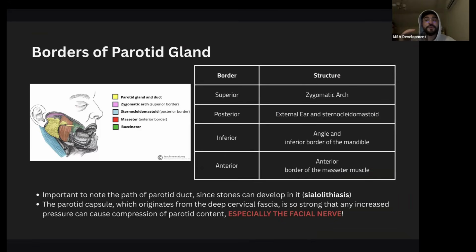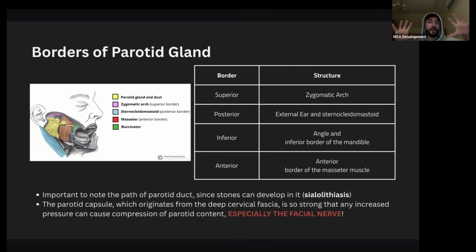However, if we get inflammation of the parotid, or tumors within the parotid, the parotid is surrounded by deep cervical fascia, which is so strong that anything that enlarges within it is going to stay within it.